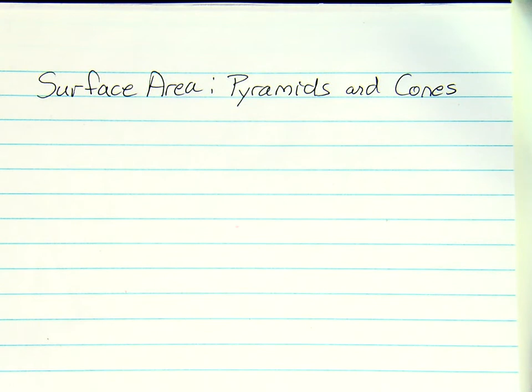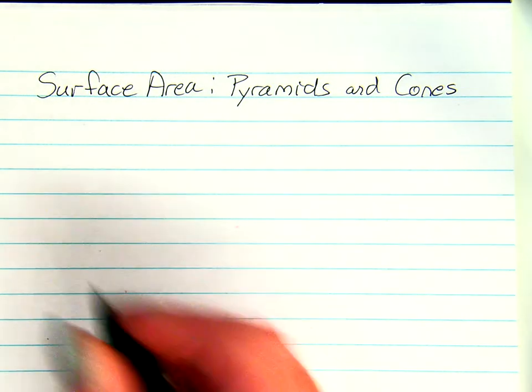Now, truthfully, my drawing of the pyramids is going to be pretty ugly. So a lot of what I'm going to do, I will end up doing nets of the pyramids because it will be a whole lot more understandable. So let's say we're going to start with a square pyramid with a base length of 6 centimeters.